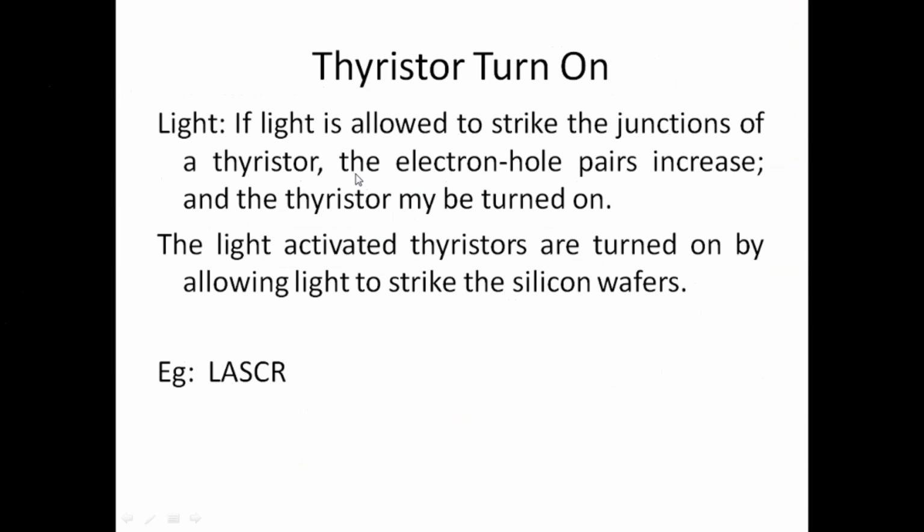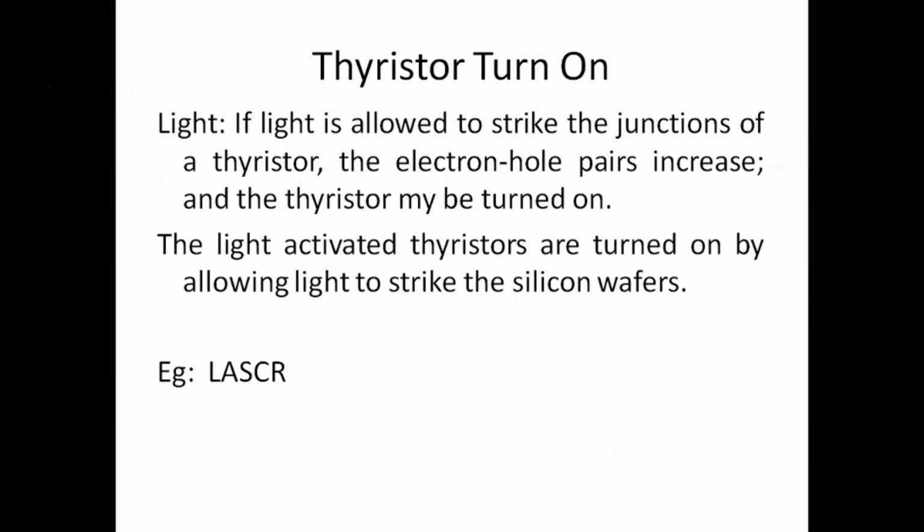When those photons collide with our gate area, the number of electron hole pairs increases, meaning a photon gives energy to the electrons which are under a covalent bond. When an electron receives energy from a photon, its energy level increases, it comes out of that bond, and it becomes a free electron.